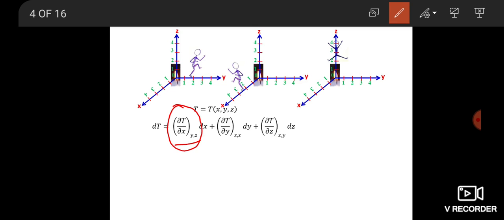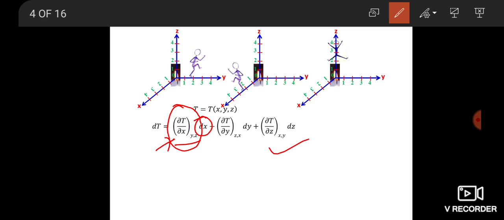What is del T del x? This is the change of temperature with respect to x when you move a very infinitesimal displacement dx along the x-axis, and this is the partial differentiation of temperature.